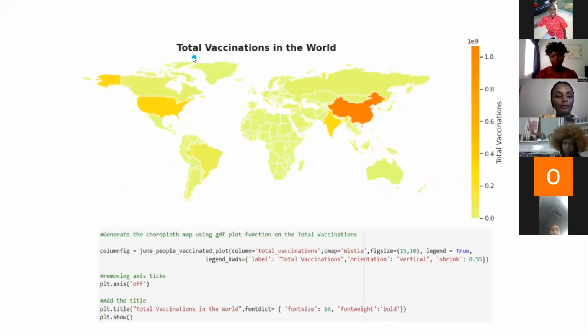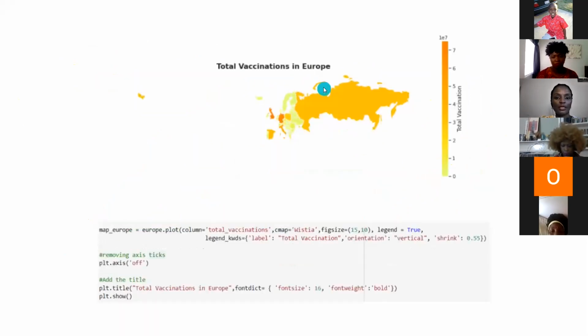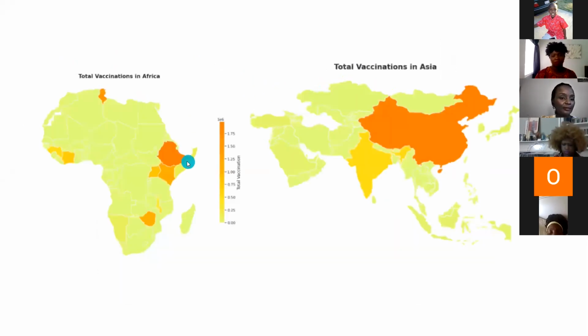We visualize the total vaccinations in the world. And you can see the data that we have projected this way. And as we go to the continents, Russia has more total vaccinations reported in Europe. And in Africa, this one is different.